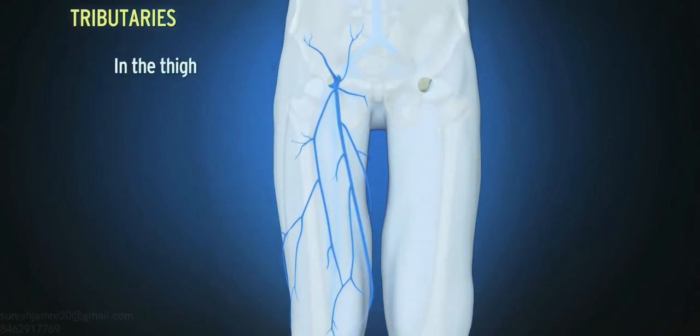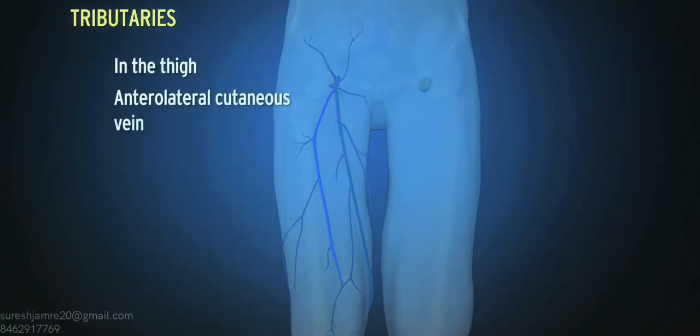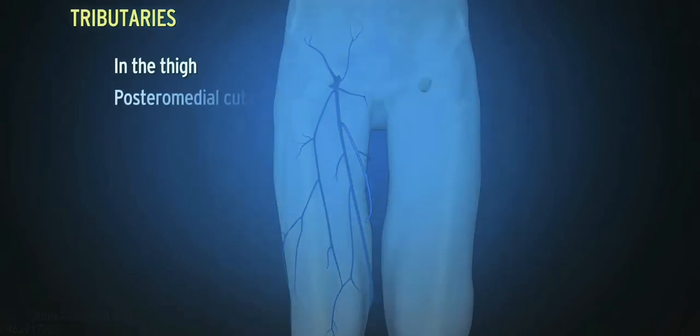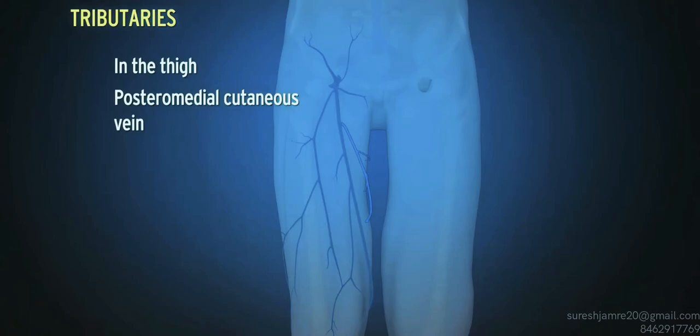In the thigh, anterolateral cutaneous vein of thigh drains the front part of the thigh. Posteromedial cutaneous vein of thigh or accessory saphenous vein drains the posteromedial side of thigh.